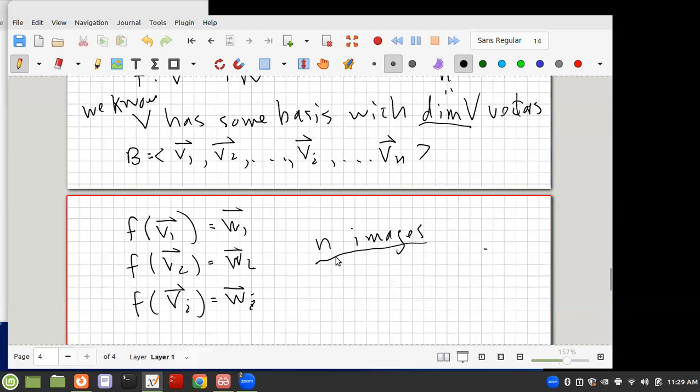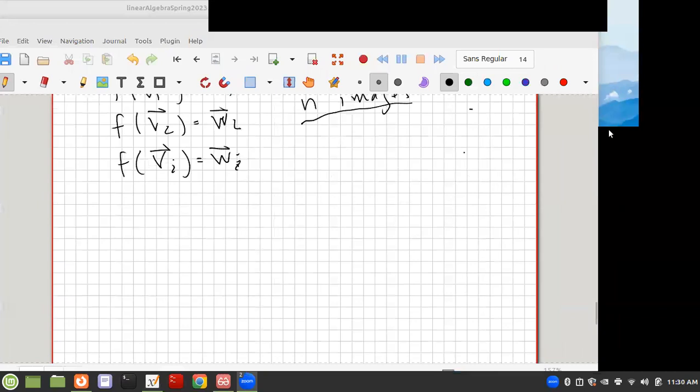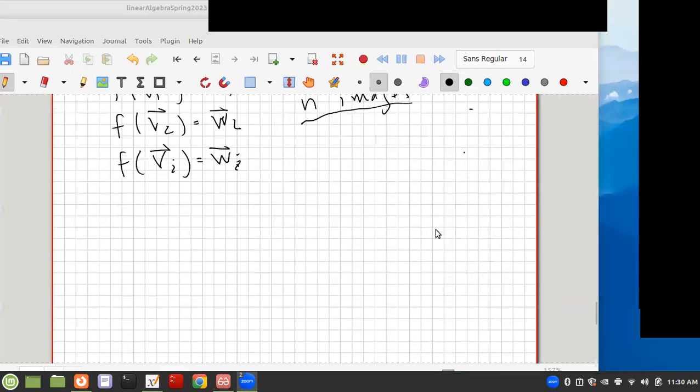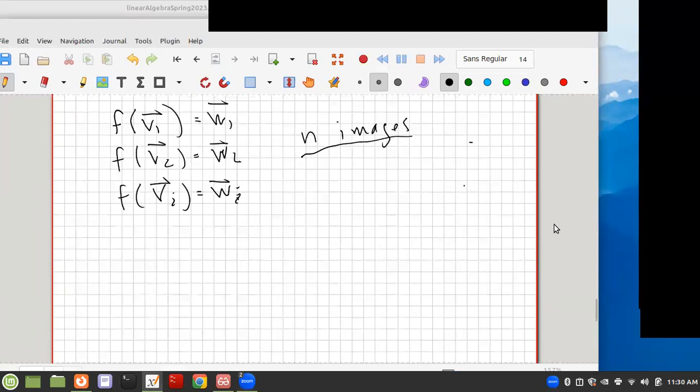Okay, so I've got n images, and we know F is an isomorphism.